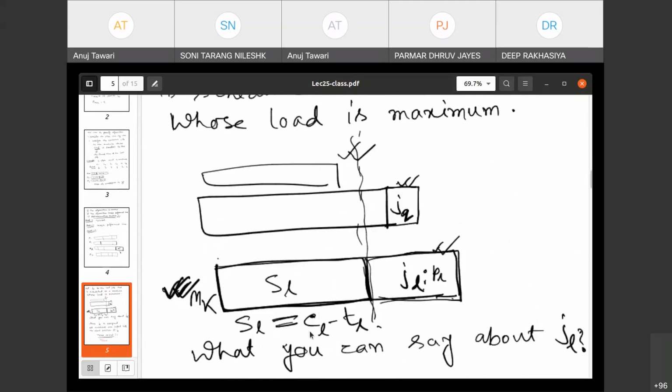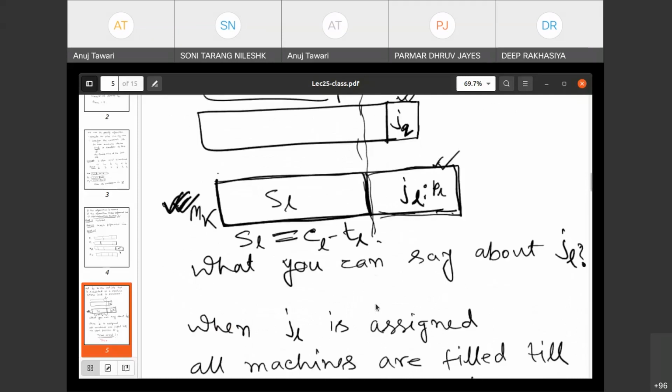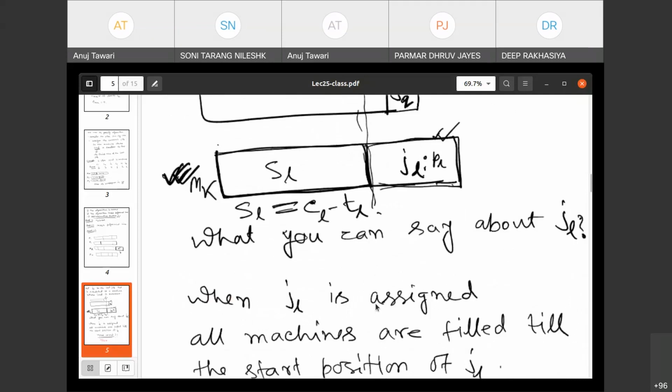So remember that CL is the completion time and TL is the processing time total. So when was this last job starting? Let's call it start time as SL. It will be the completion time minus the processing time. So at that particular time, it has already started. So what can you say about JL? Right. So why did we start on this particular machine?